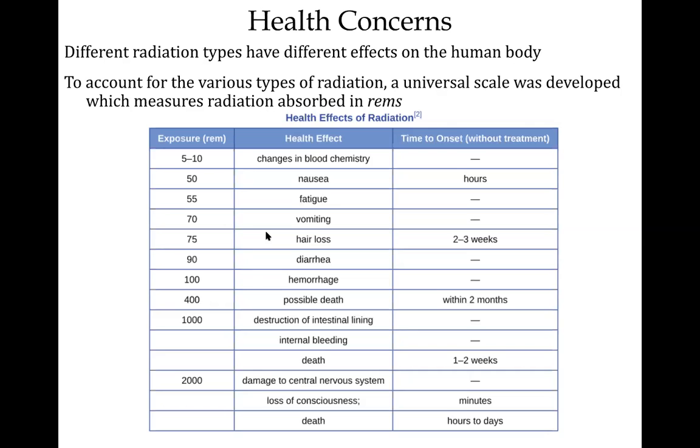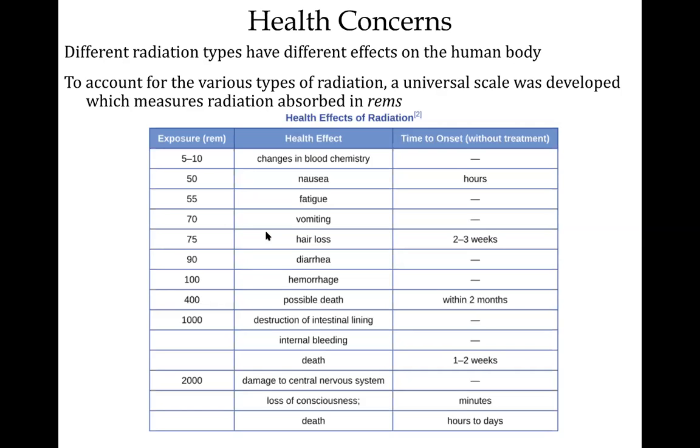And again, I think this is not cumulative. This is probably if you were zapped with 1,000 rems at once. 2,000, damage to the central nervous system, loss of consciousness, and again, death. And that's going to happen within minutes.